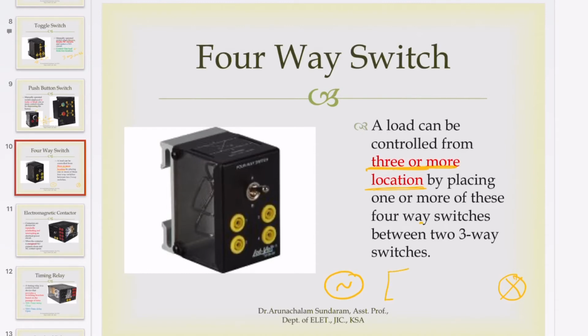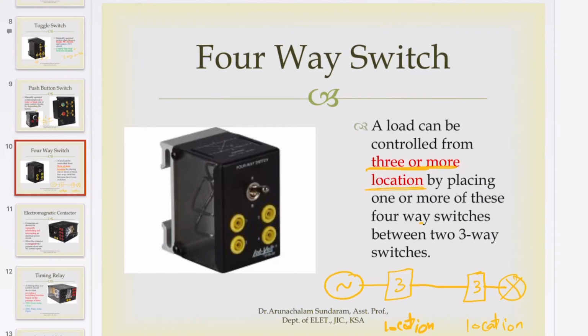This is the three-way switch, and this is the other three-way switch. So this is the single line diagram, okay guys. So I have two locations: this is location 1, this is location 2.